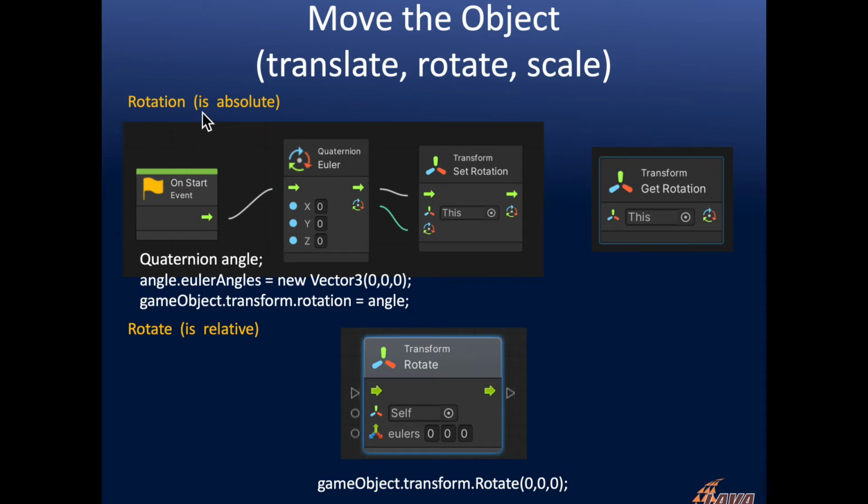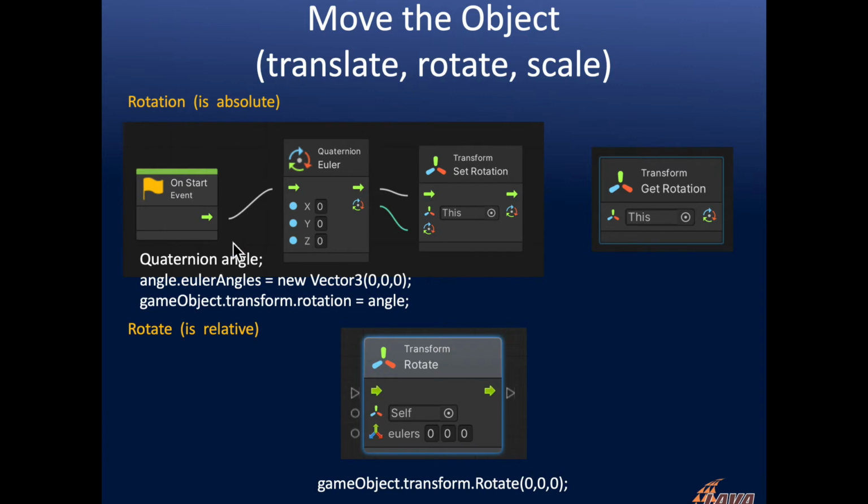Okay, now rotation for an absolute angle is a little more involved. The fundamental node is called the transform set rotation node, but you can't just feed it with rotation in x, y, and z, because what it accepts is what Unity calls a quaternion. A quaternion is a way of representing orientation with 4 numbers rather than 3 numbers.